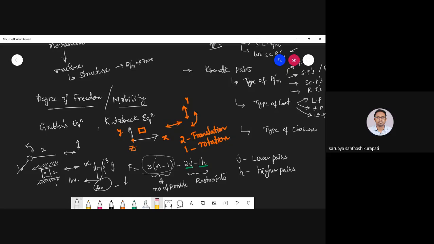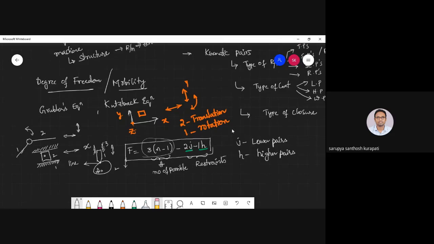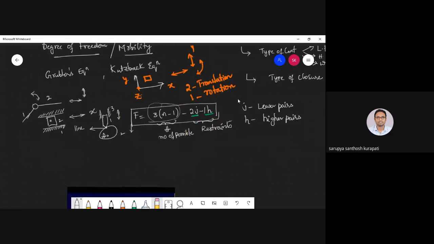These things we have discussed. This formula is very, very important from the GATE perspective: 3 into n minus 1 minus 2j minus 1h. So what is Grubler's equation now? What Grubler did is he substituted f equal to 1 and h equal to 0.